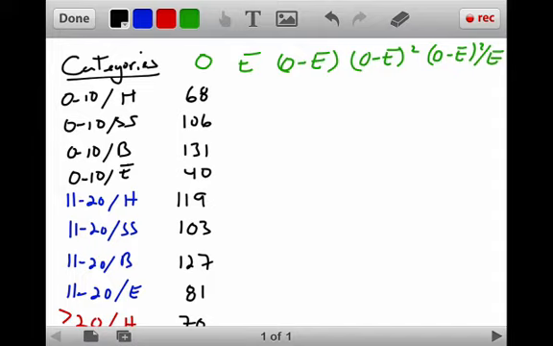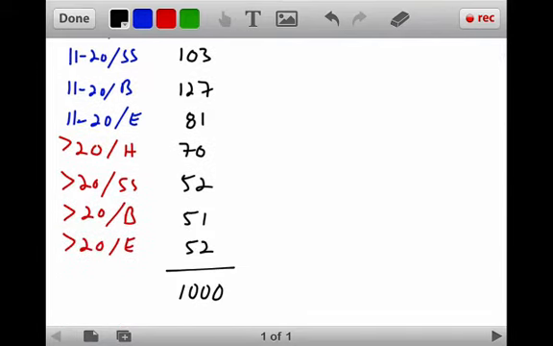First of all, my first column includes all the categories that I had in my previous table: students who reported studying between 0 and 10 hours in humanities, 0 to 10 social science, 0 to 10 business. I have all of them with the observed frequency for each of those. I have a total number of students in this study of 1000.